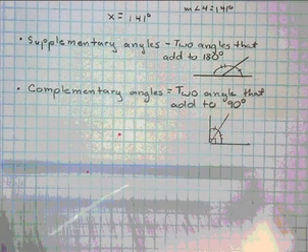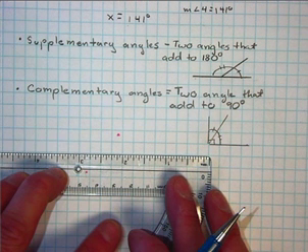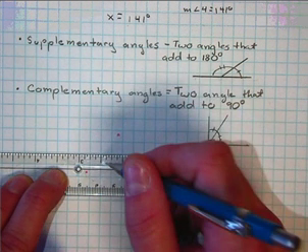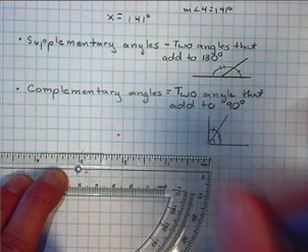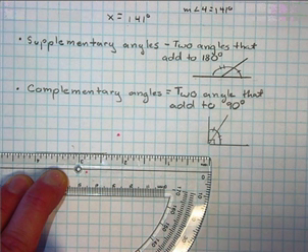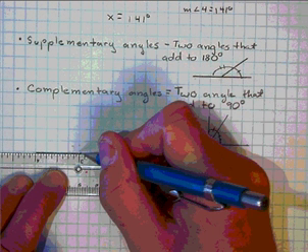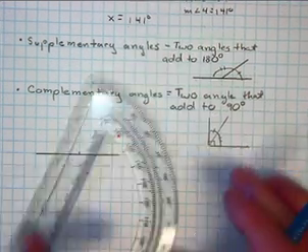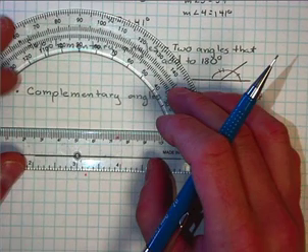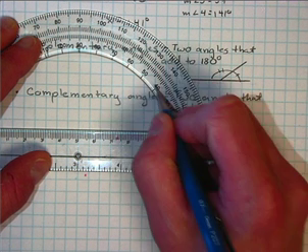All right, I'm going to draw two adjacent angles. So I'm going to draw a straight line, I hope. So here's a straight line. Make a little mark there. And I'm going to make this 40 degrees, so right about there.